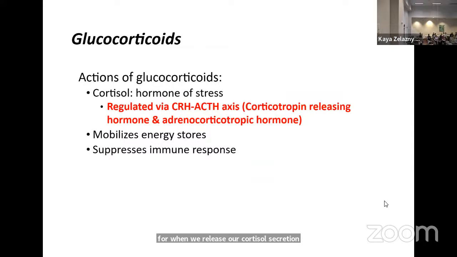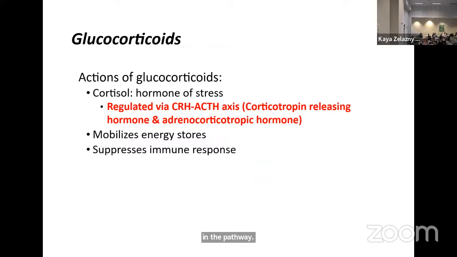Okay. And when we think about the actions here of glucocorticoids, and specifically when we're focusing in on cortisol, we're thinking about this as a hormone of stress. So it's regulated via an axis that is named based on those two earlier tropic hormones in the pathway. So it's the CRH-ACTH axis.